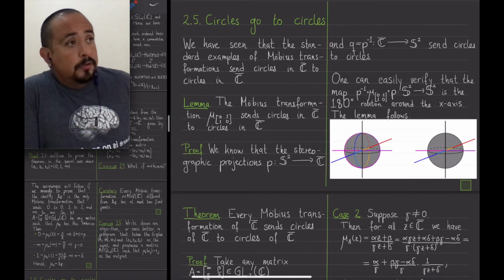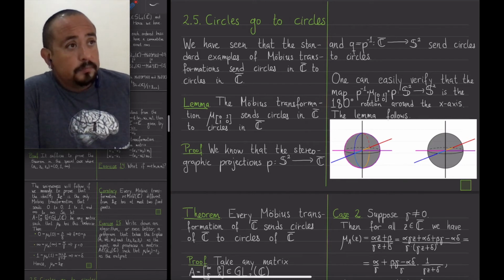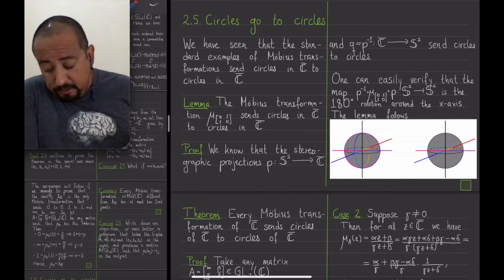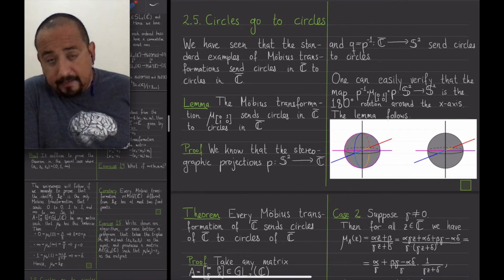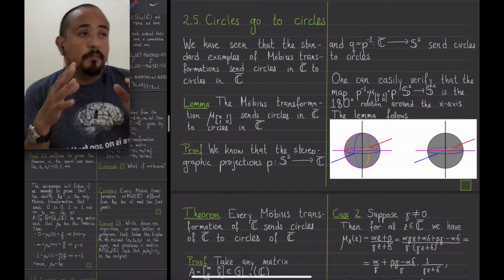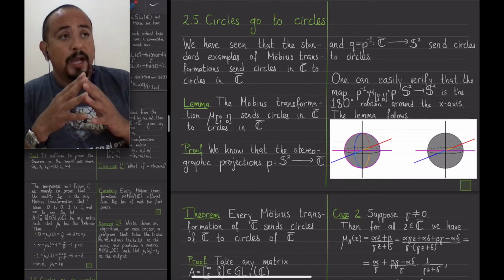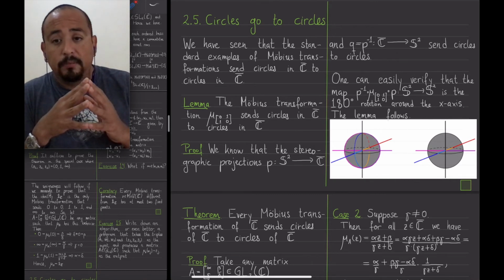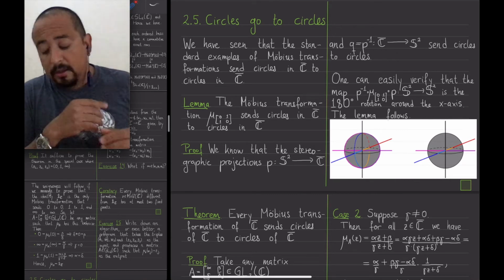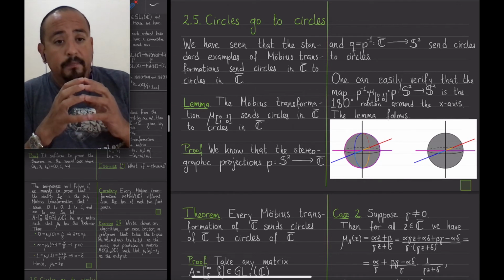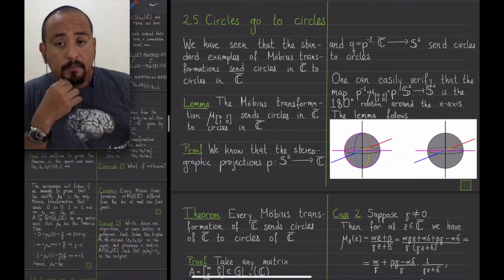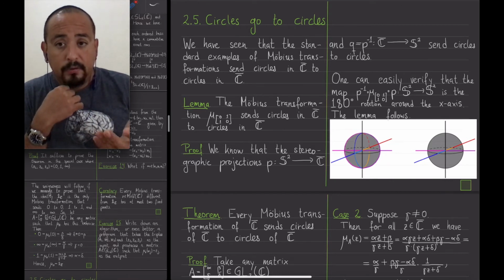Okay, so why do I say this? I say this because if we had, there would be a danger of circular argument, of saying the stereographic projections send circles to circles using some argument involving inversion.